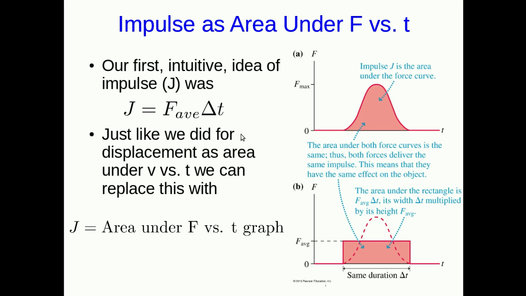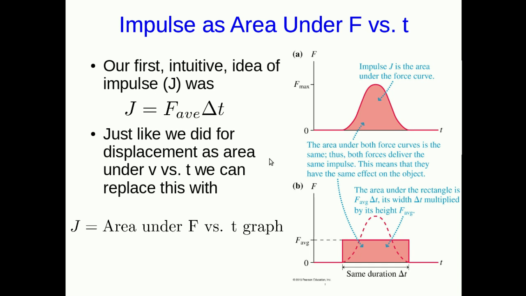Well, just as we did for displacement as an area under the velocity versus time graph, we can replace this idea with our impulse as an area under the force versus time graph. So if you have some complicated force versus time graph like this, it has some area under it, and that's equivalent to a rectangle with a height of F average and the same duration. And because those have the same area, they're the same impulse, and they'll have the same effect on the object.